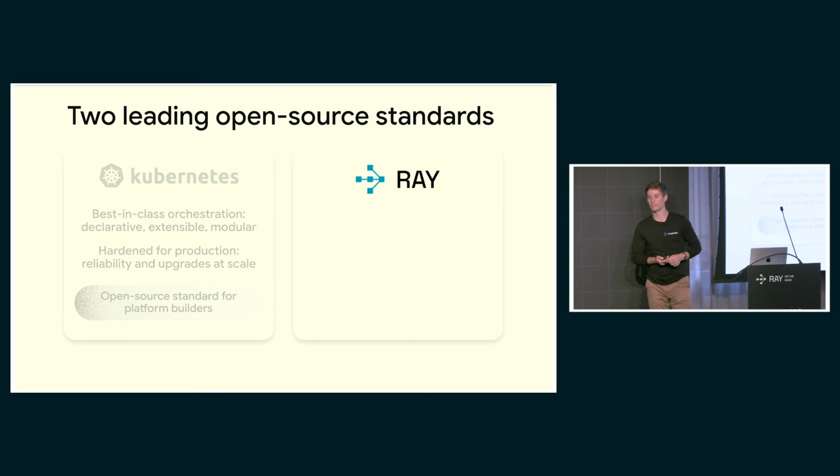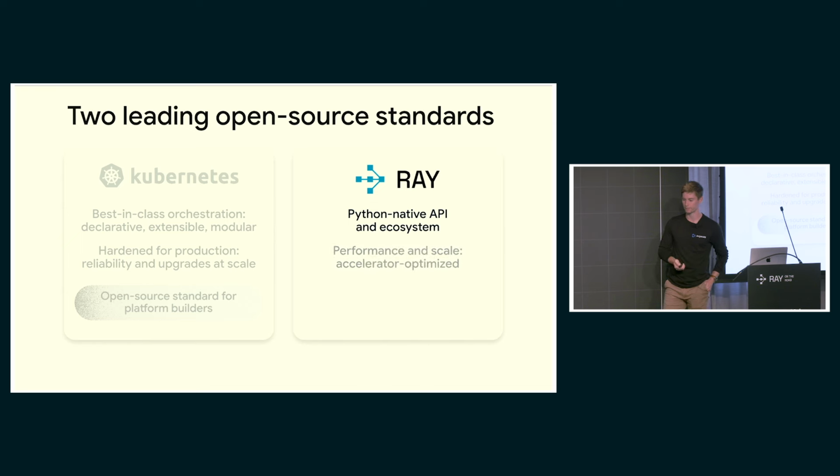And Ray, on the other hand, is focused on a different problem set. Ray is very much Python native to its core. We have an API that is very familiar for Python developers and an ecosystem of libraries and integrations with the best-in-class tooling for machine learning, AI, and also many other things, such as just pandas and NumPy and other Python ecosystem.